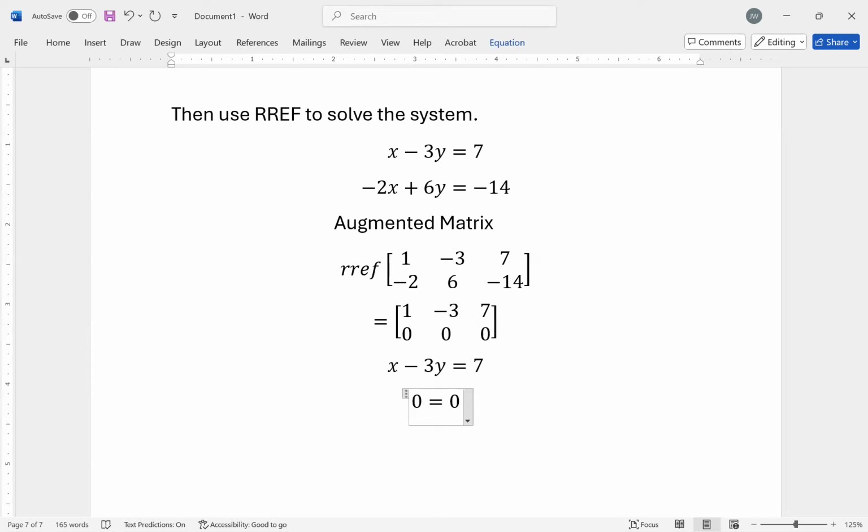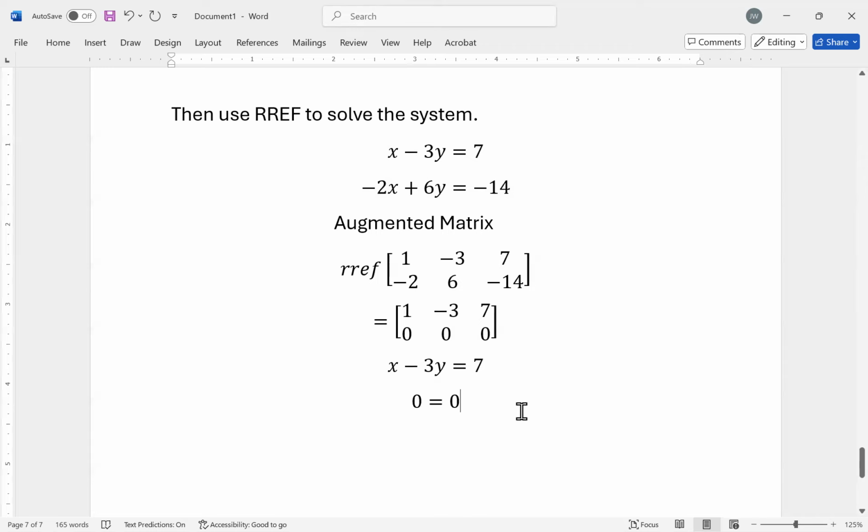Now 0 equals 0 is a true statement, and x minus 3y equals 7 is a line. So we get a true statement and a line, which means that the number of solutions that I have is infinitely many. And moreover, all of the solutions to this system are points on this line.